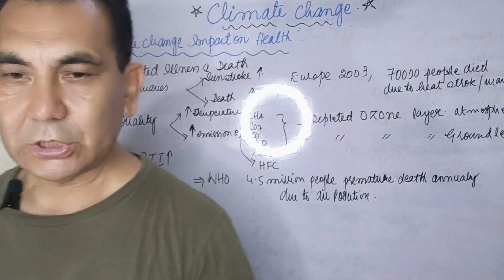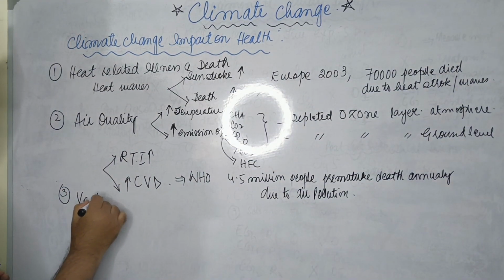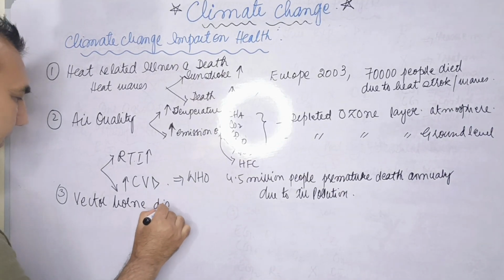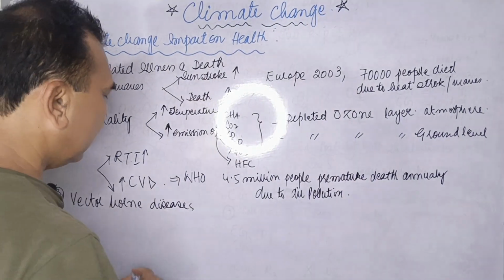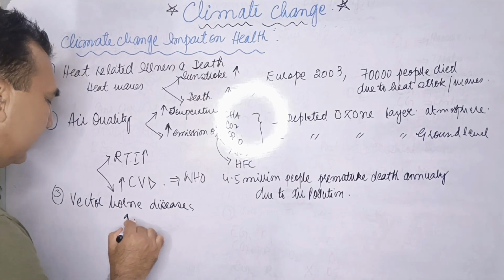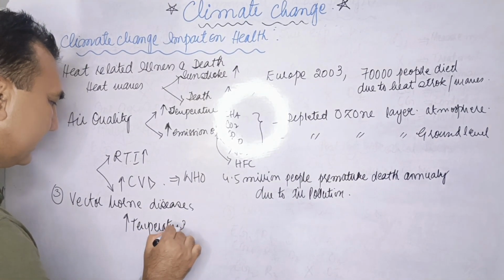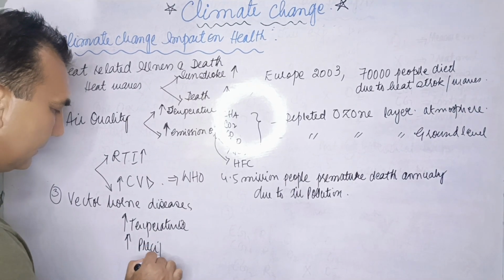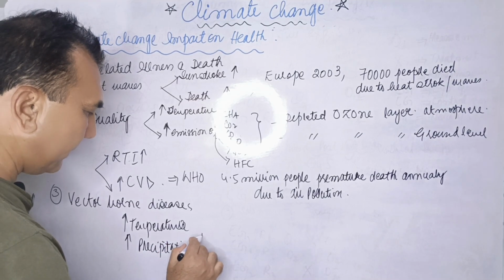Now, the third one, which is a major cause, is vector-borne diseases. Vector-borne diseases increase due to the increase of the temperature and the increase of precipitation.